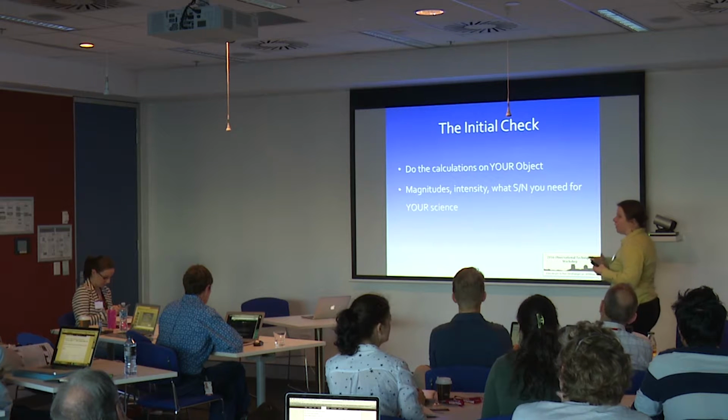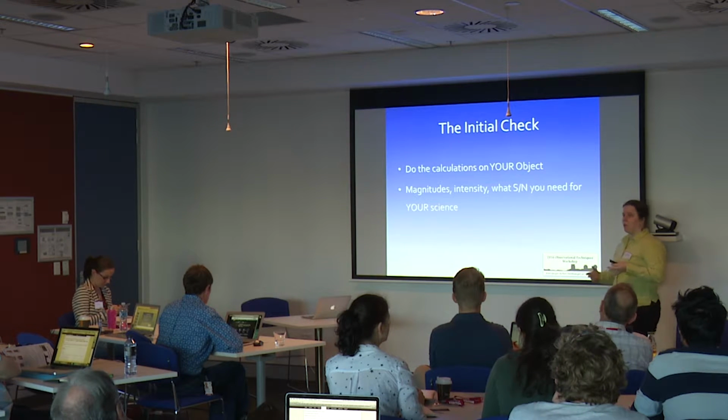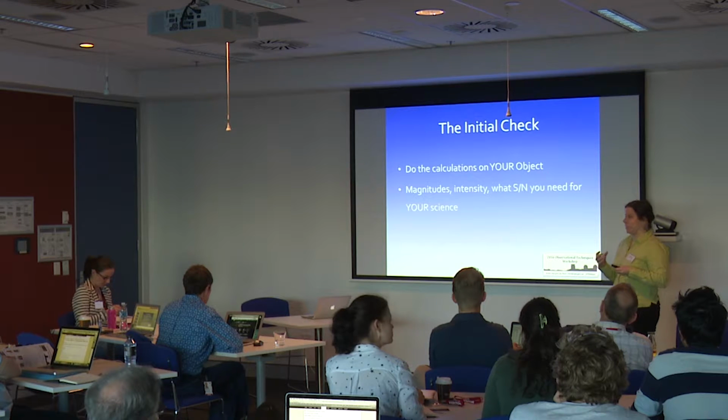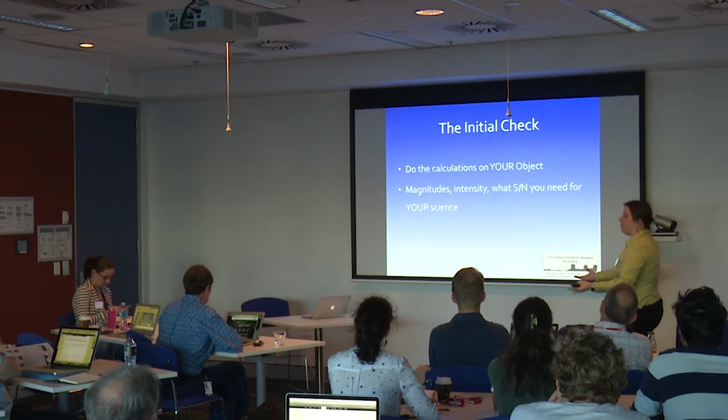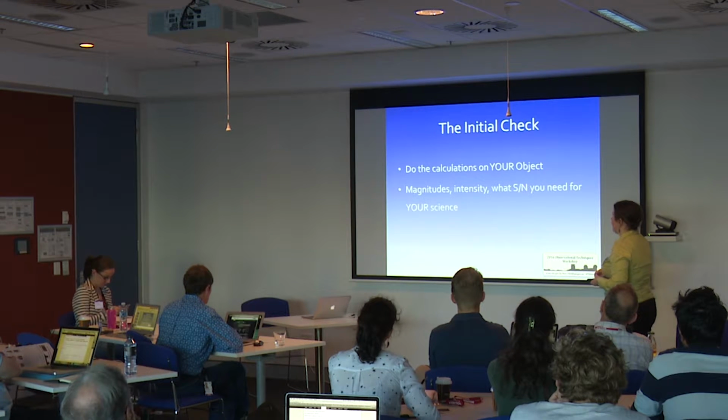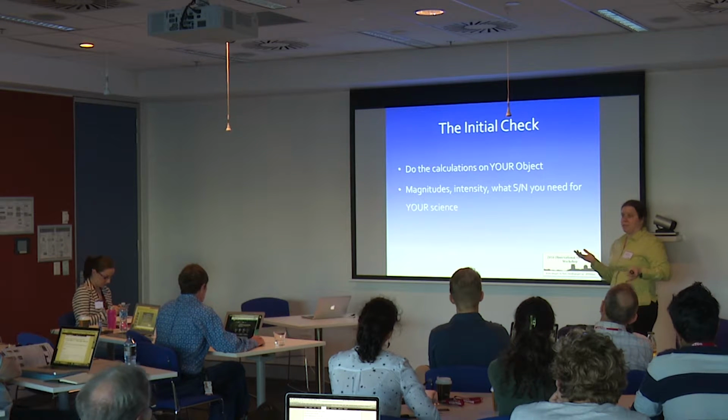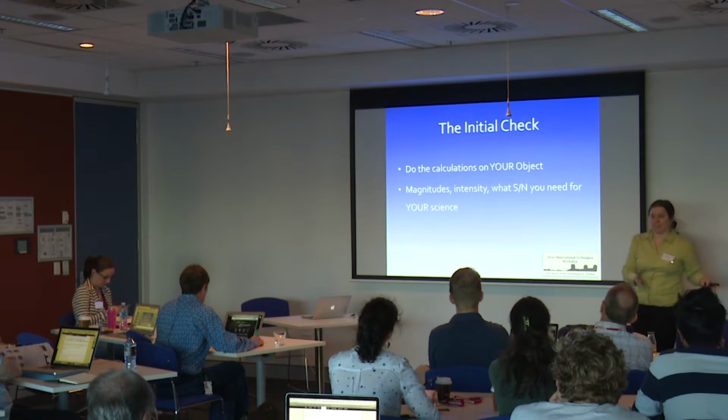So do the calculations on your object, figure out what you really need for the science, and then see what that means in terms of what magnitudes you're going to be happy with, what kind of signal to noise is actually going to work for your science, and what signal to noise even means in your case.